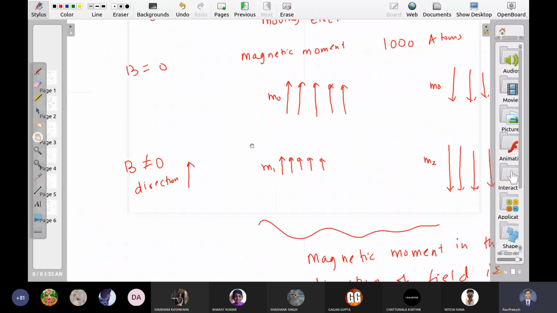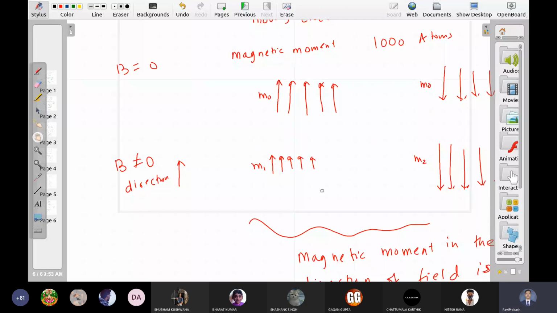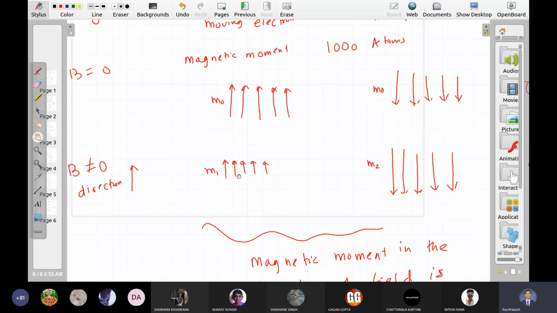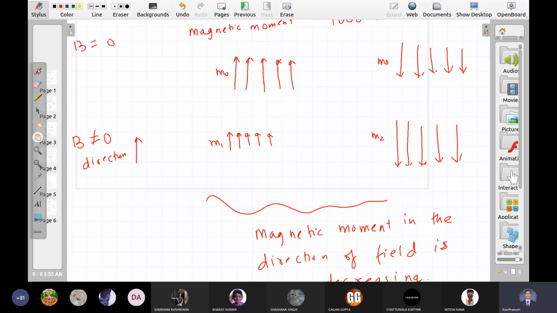But when I apply a magnetic field, the magnetic moments which are parallel are still in the same direction, but their magnitude has now decreased. Why did it decrease? Because M is proportional to I is proportional to omega, and omega decreases in this case. Those magnetic moments which are opposite to the field are now bigger in size.